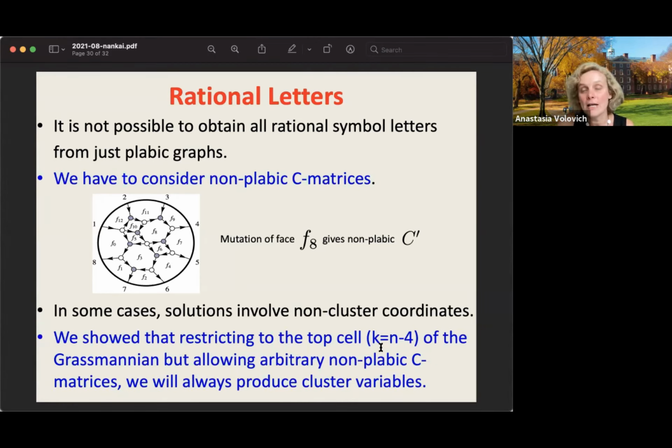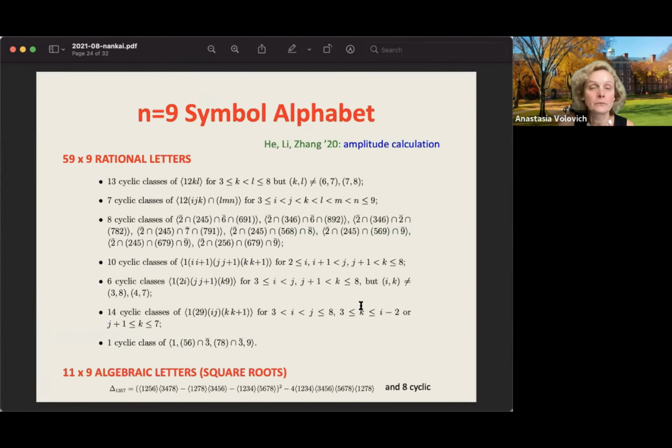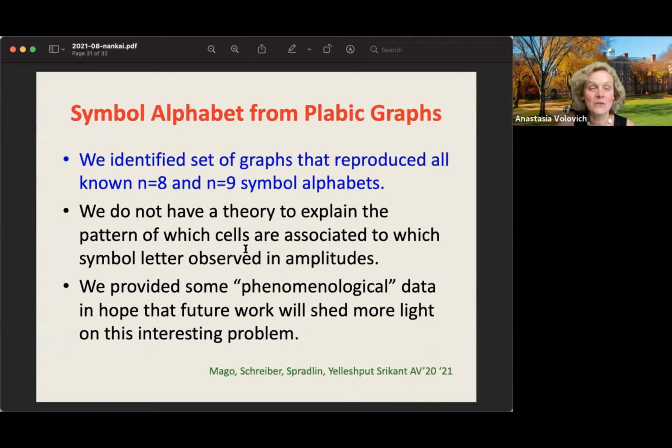In the meantime, while we were doing this, Song and his collaborators wrote down the nine-point alphabet, which is much more involved. We were happy that, through this method, we were able to get the eight- and nine-point alphabets exactly.